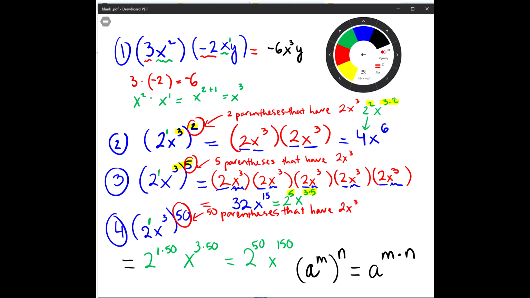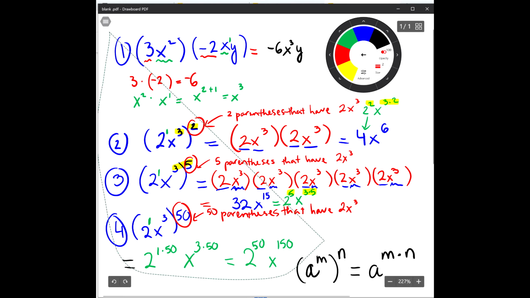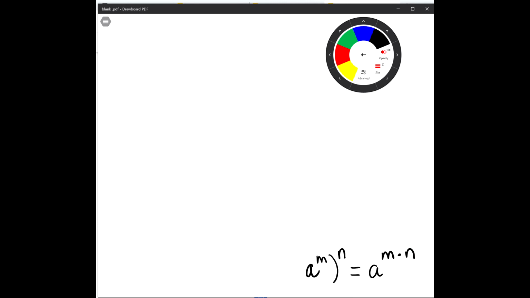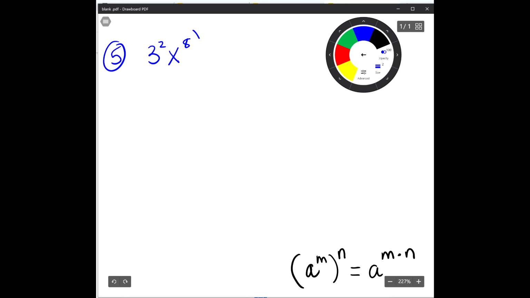Okay, all right, next one, let's do a few more practice problems on how we apply the rule. Okay, so our rule is still here. Okay, sample number 5, I have 3 squared x to the 8 raised to negative 2. So I apply the rule right now.